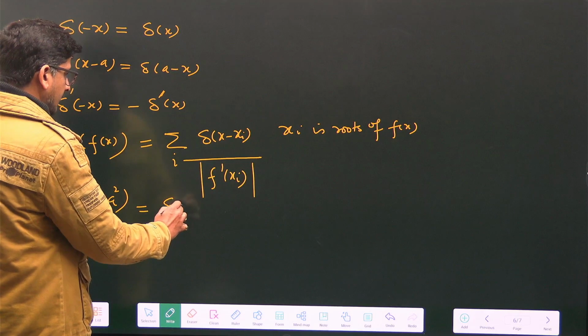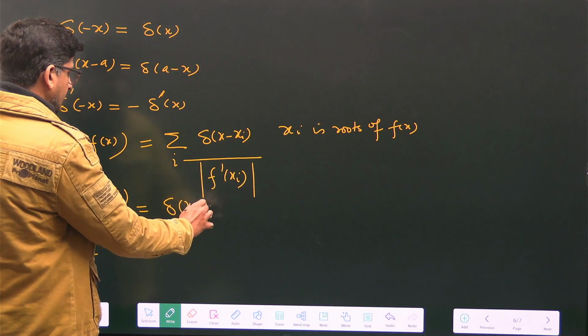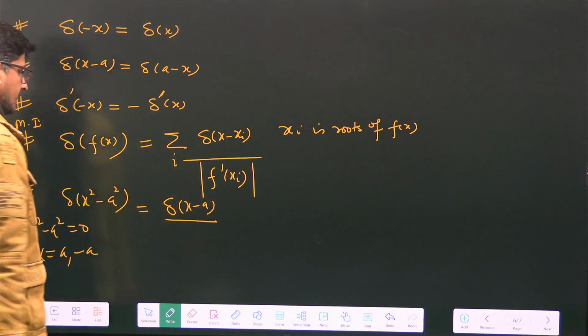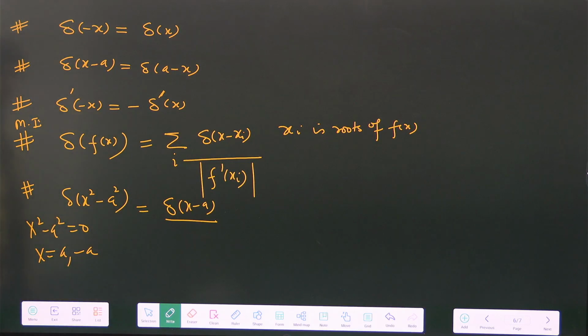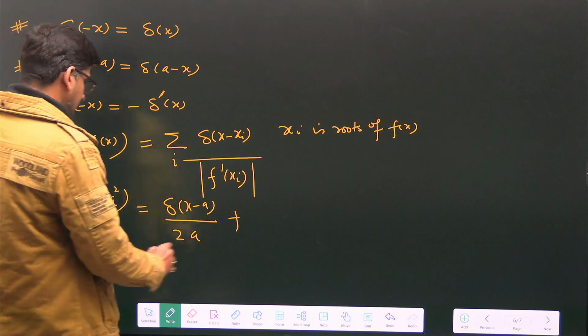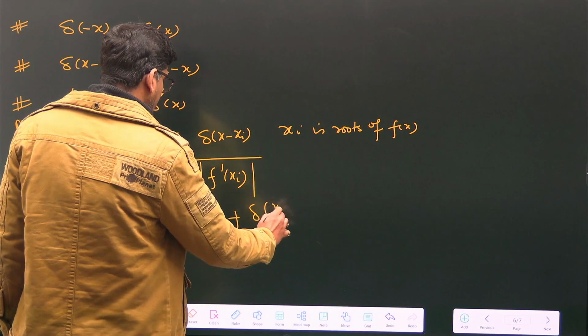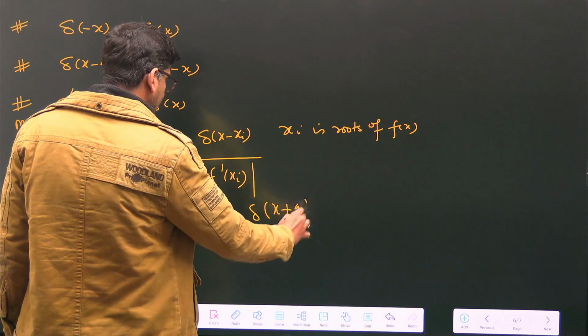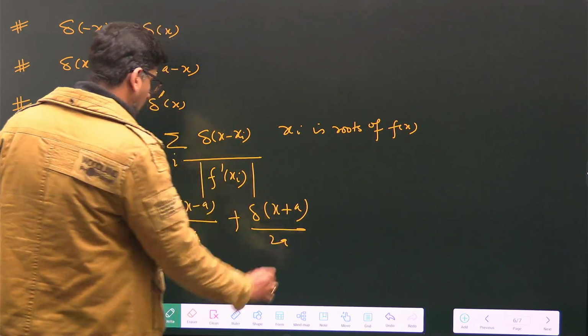So it will become delta(x minus a) upon f dash, which is 2x, and then it will become 2a, then plus next one delta(x plus a), and again it will become 2a.